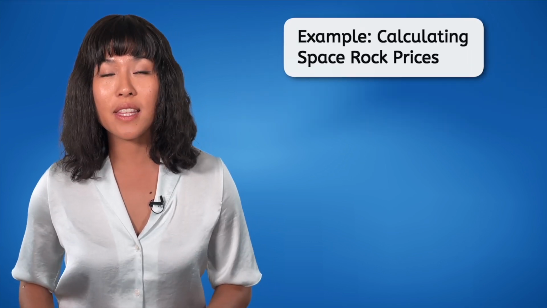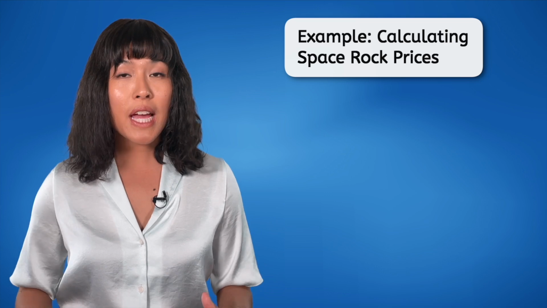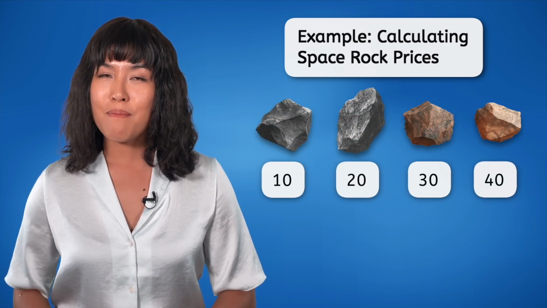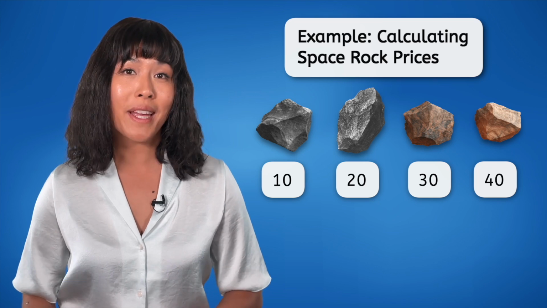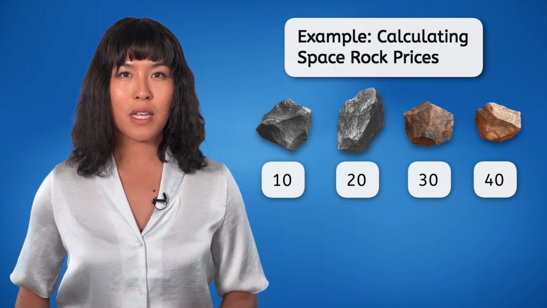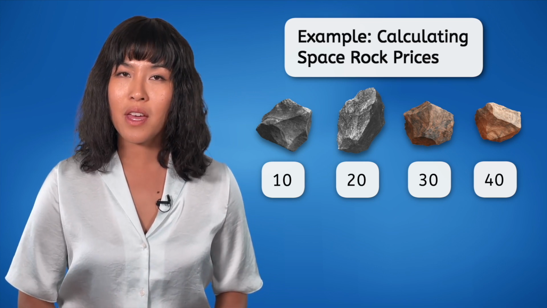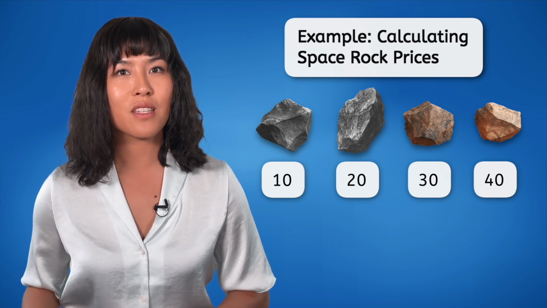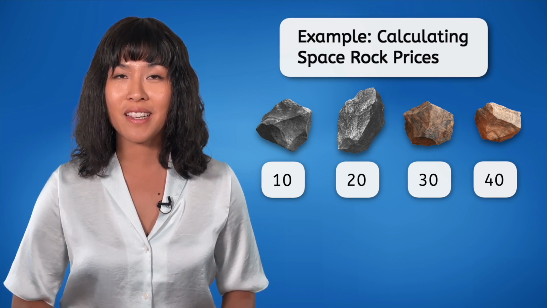To illustrate these concepts, let's create a program that calculates the price of space rocks based on their types and weights. Each type of space rock has a different value, and the total cost is determined by multiplying this value by the weight.